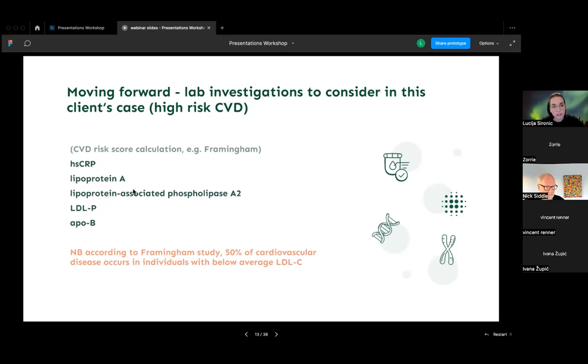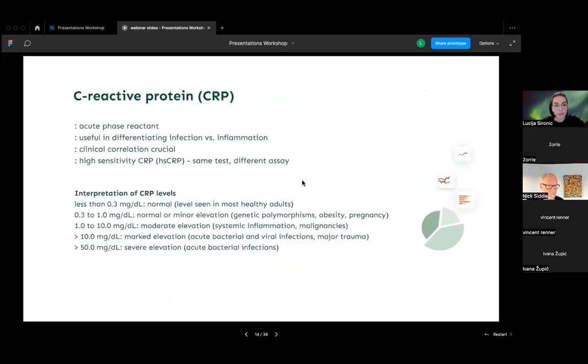So doing these tests might help with actually assessing that cardiovascular risk better. And what's quite interesting is that in about 50% of people who might classify as high risk, eventually their LDL cholesterol will be within normal. So we need to try and expand that risk assessment.